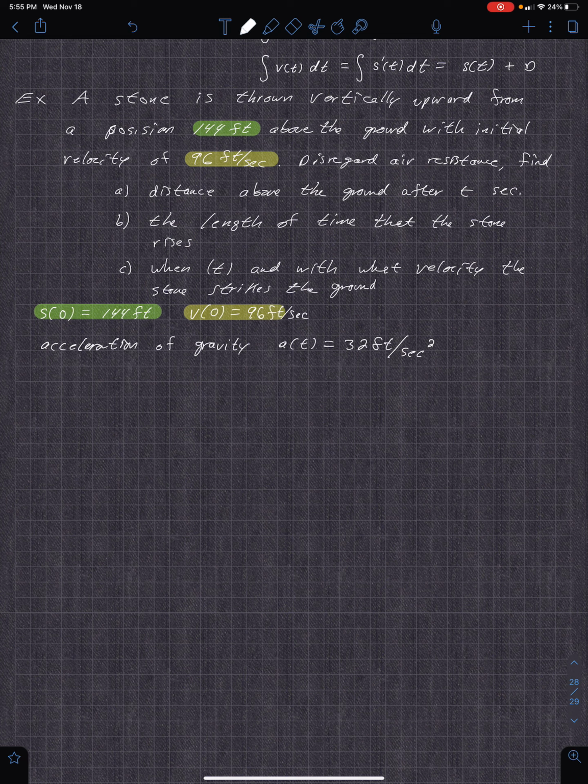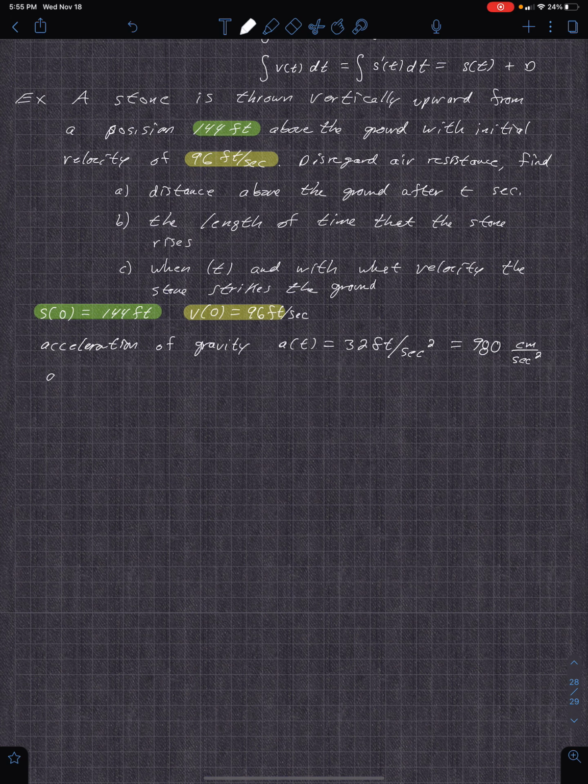And in case you're wondering, that's 980 centimeters per second squared. So you would use either of those two depending on your units, or of course in feet. So that's what we start with.